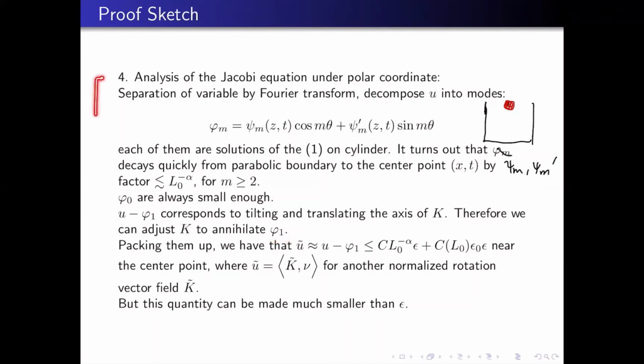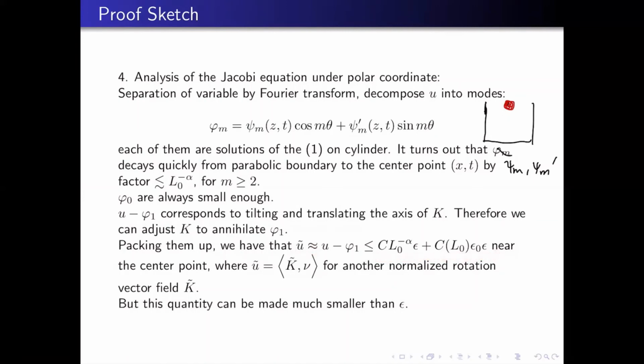So with these facts being packed up, we arrive at a conclusion that we could adjust U by phi1 such that the adjusted function will be much smaller than epsilon.